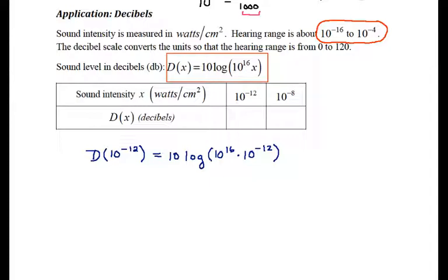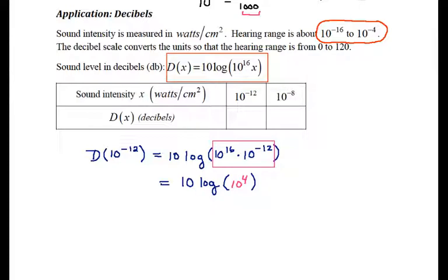So the first thing I need to do is use properties of exponents to work on this part here. So I would add those powers and get 10 to the +4 for that part. Now this is still inside of a log, and it is still multiplied by 10.